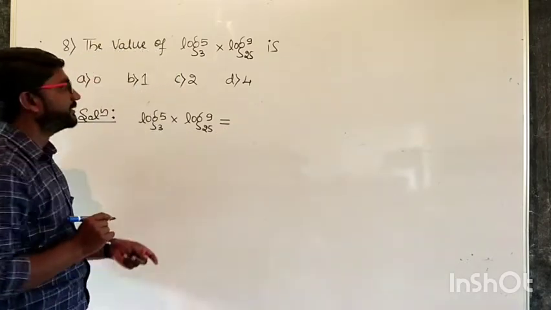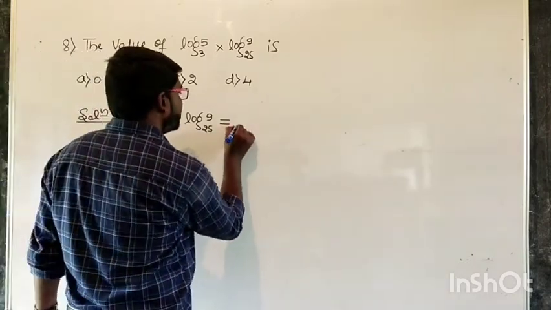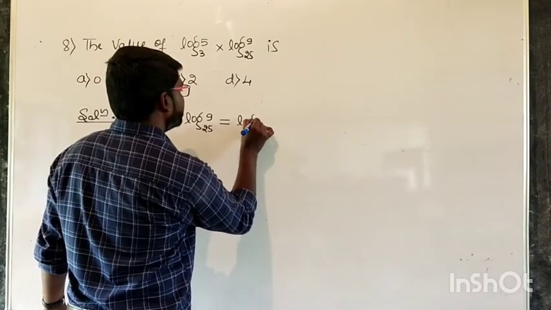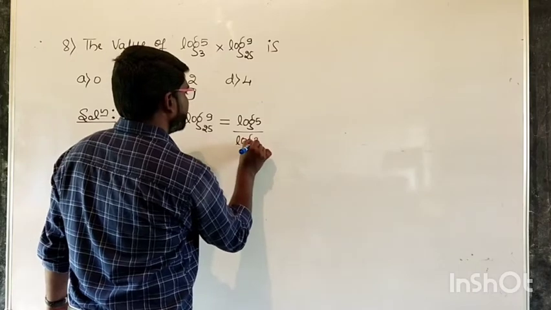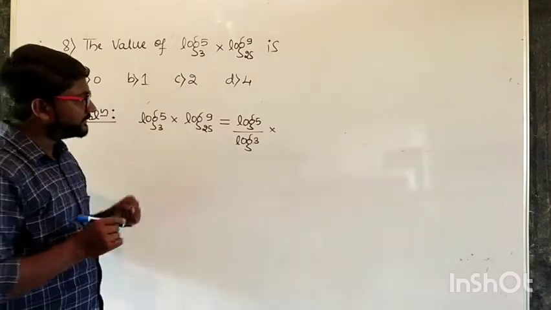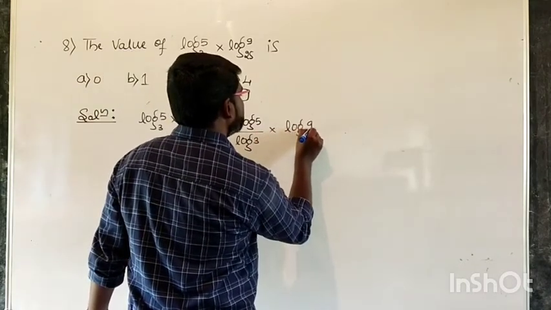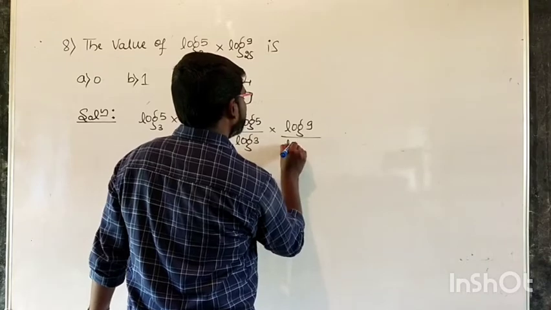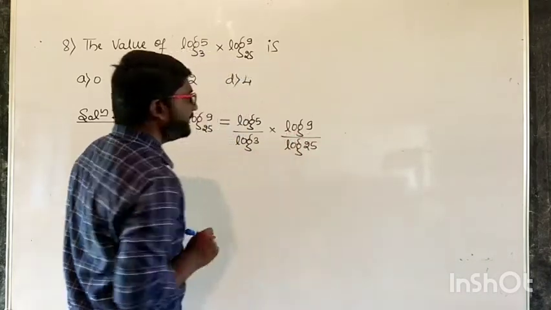Or else we can go for the change of base rule. I hope you know the change of base rule. So this can be written as log 5 divided by log 3, then into log 9 divided by log 25.